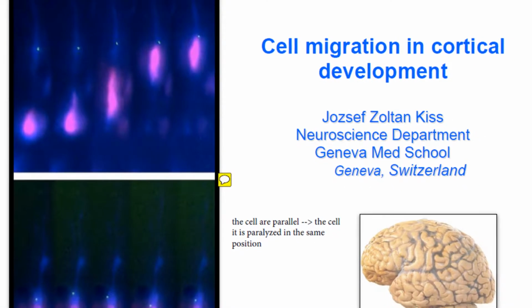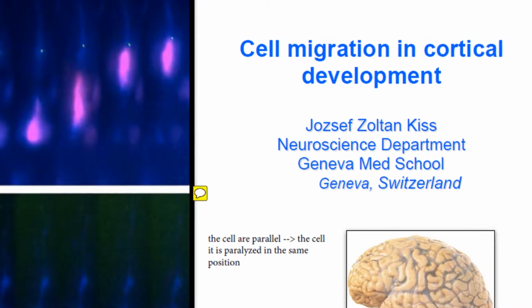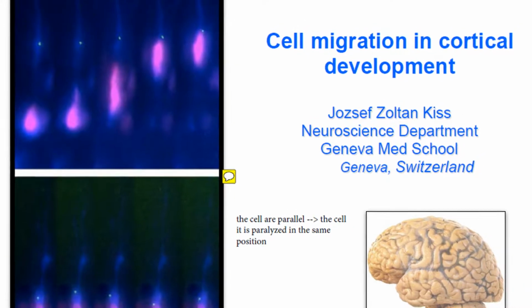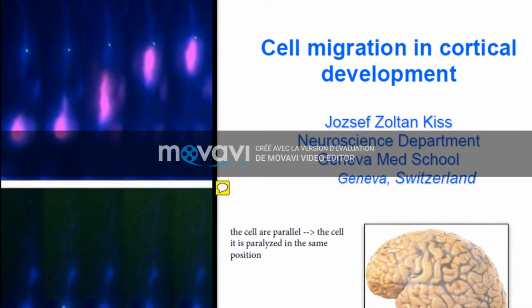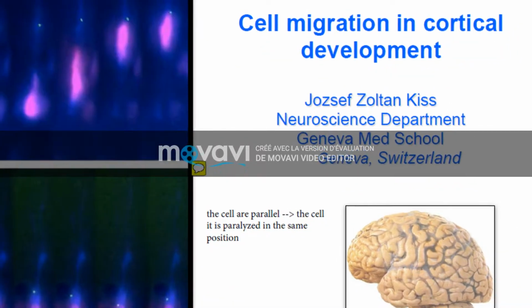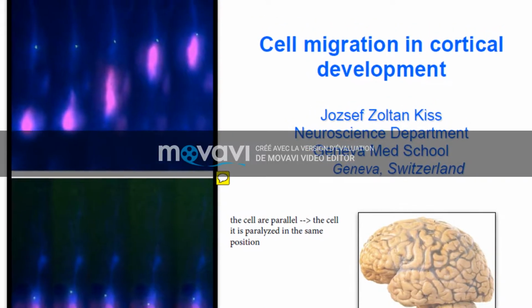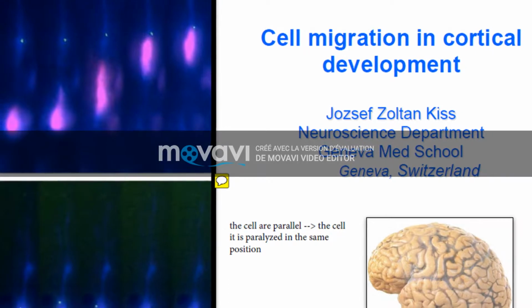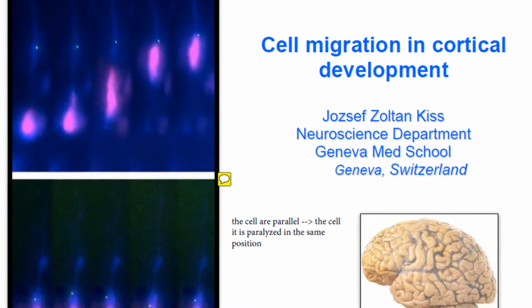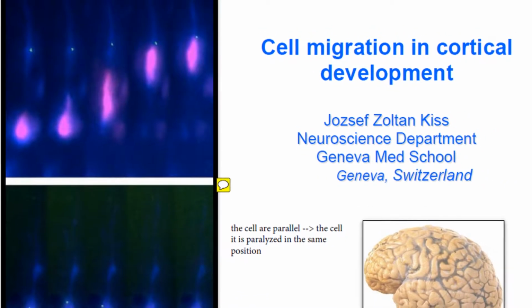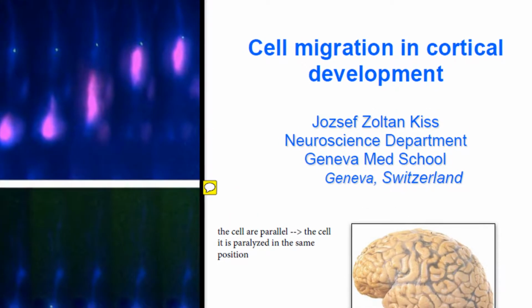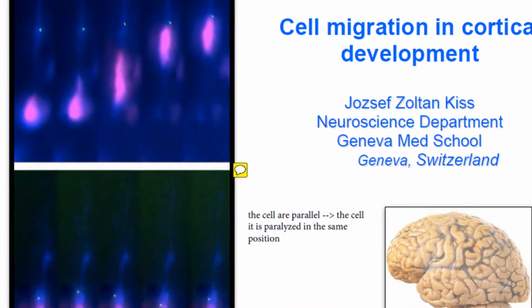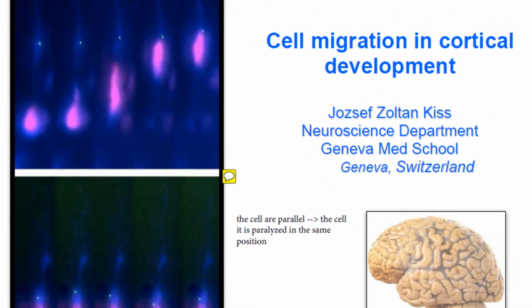Just around birth starts a new period, which lasts even in postnatal years. That is what we call activity-dependent plasticity, refining the pre-wired network. These are the three major events. And now we're going to concentrate on the very first events, neurogenesis and neuronal migration.